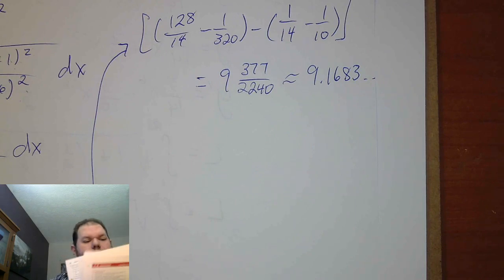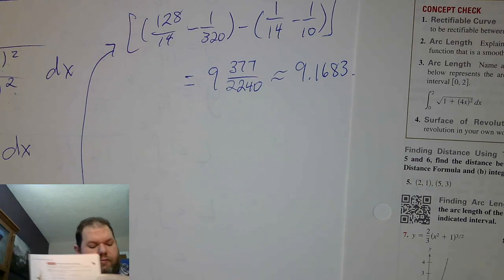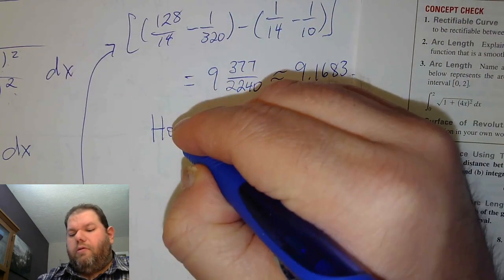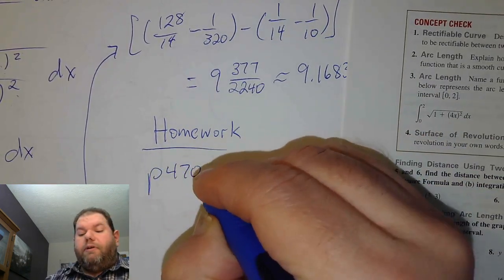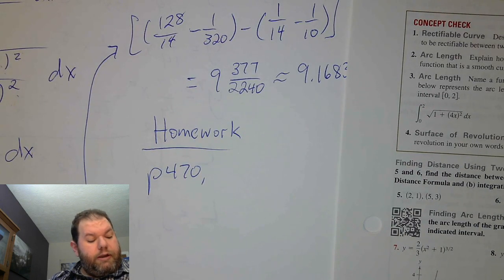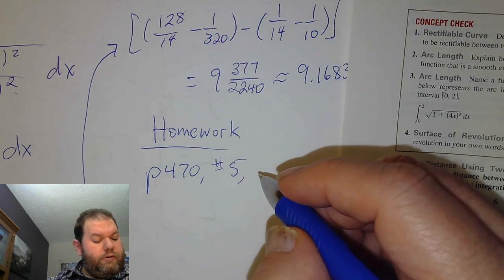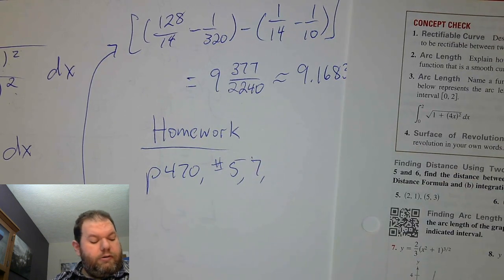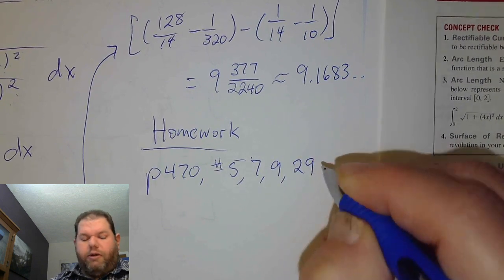Anyway, for homework, let's see. First of all, on page 470, go ahead and look at 5, 7, 9, and then 29.